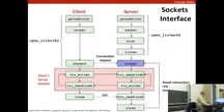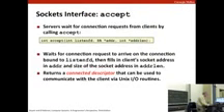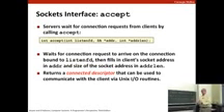And then the final part to operate is to say accept. That means, okay, now we've established this. Now I'm actually ready to receive phone calls, is essentially what it's saying.